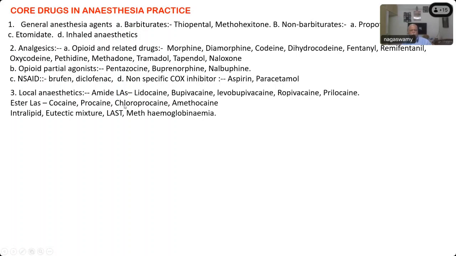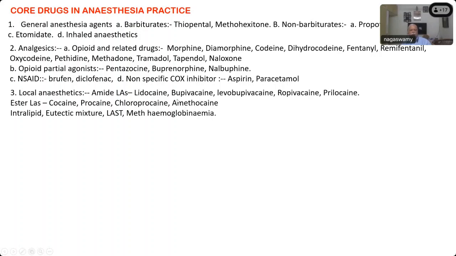So for some bottom surgeries like incision of a perianal abscess or piles ligation, or small procedures which can be completed within 30 minutes, you can use chloroprocaine intrathecally and the patient can walk back home within 1 to 2 hours. He will recover all the sensations within 20 to 30 minutes.